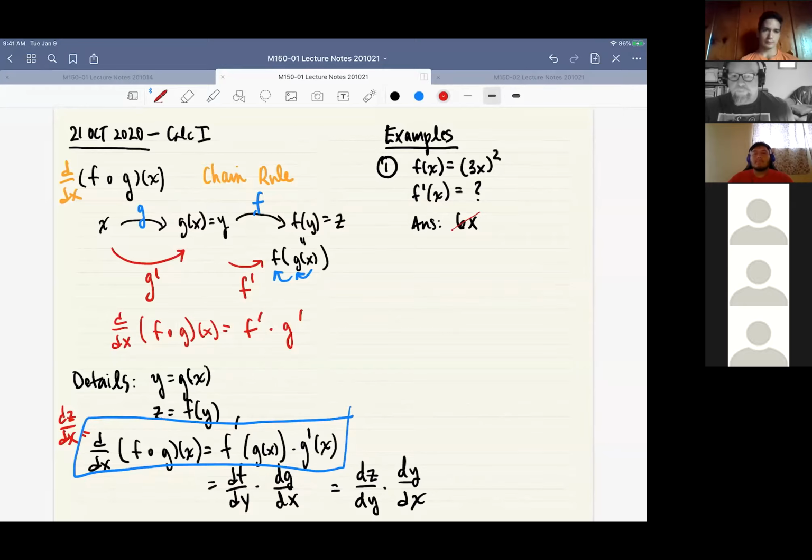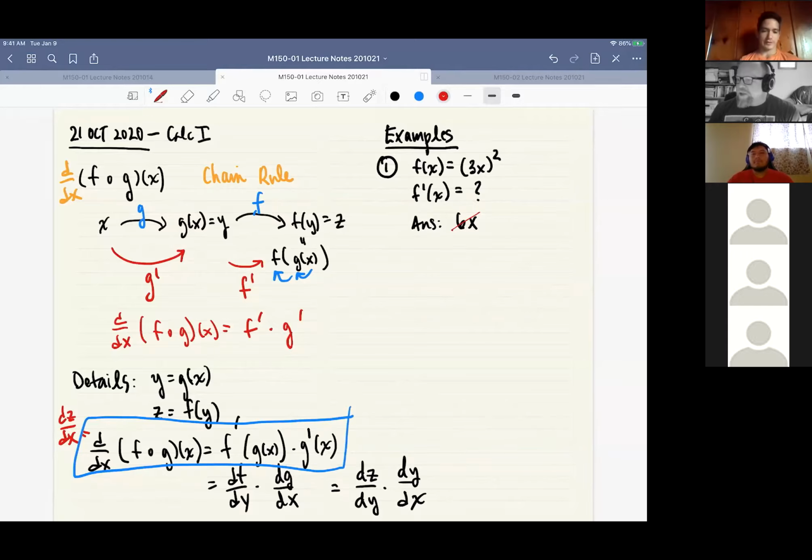But you didn't use the chain rule. So you use the product rule, or you use some algebra first and then differentiated using the power rule. So you got the right answer. But what I want people to see is how to use the chain rule on this. Okay.